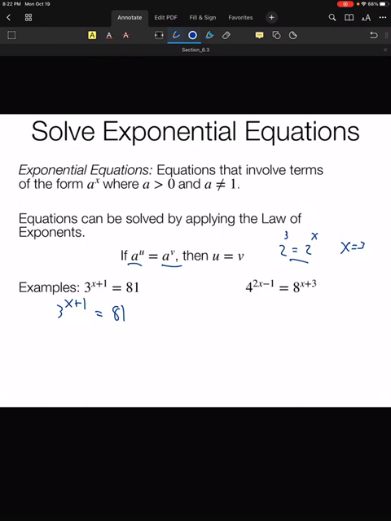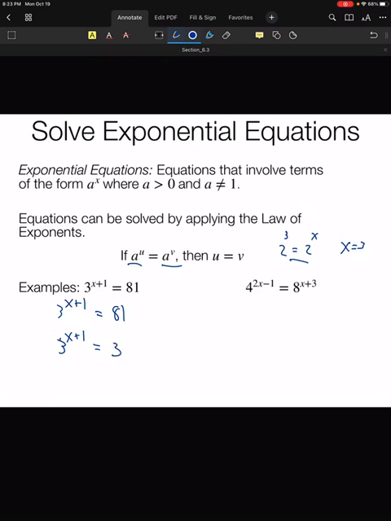And it turns out that we will always want to change the larger number into the smaller number. Or we might have to decrease both. But anyway, in this case, we're going to have to turn 81 into 3 raised to some power. So we need 3 to the x plus 1 equal to, hopefully, 3 raised to some power.